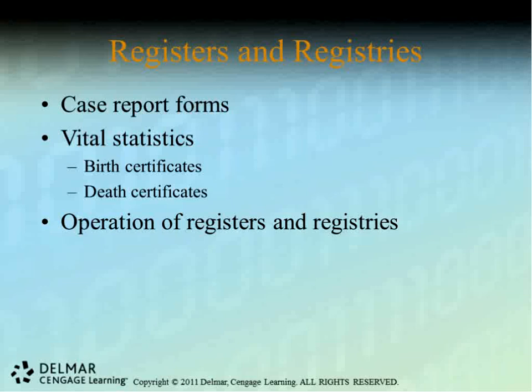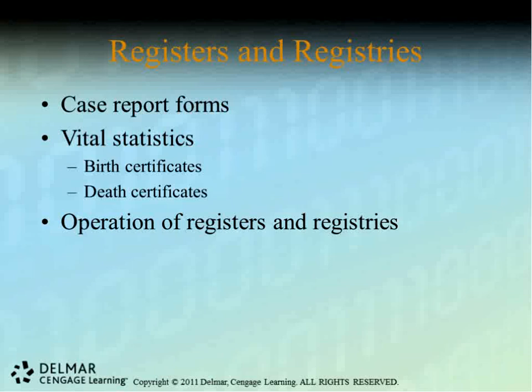The NCHS has standard certificates that they provide to the state, but the state has the right to modify them according to their needs in terms of death certificates and birth certificates. So your birth certificates are usually under the purview of your health information department, and then your death certificates are usually initiated by your nursing staff, and then your physician, and then your funeral homes are the ones who complete and submit them to your state offices.